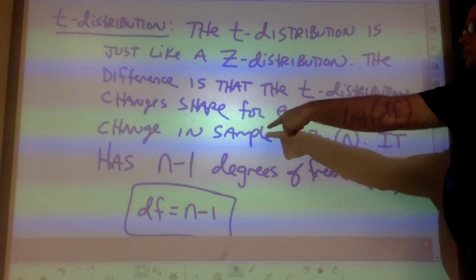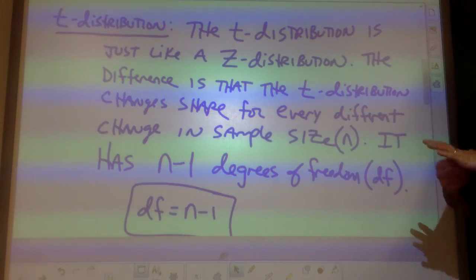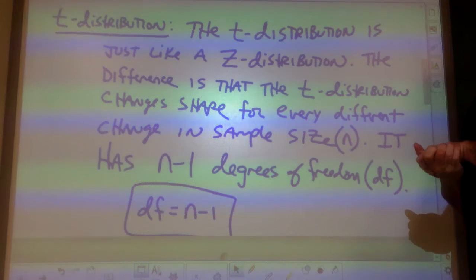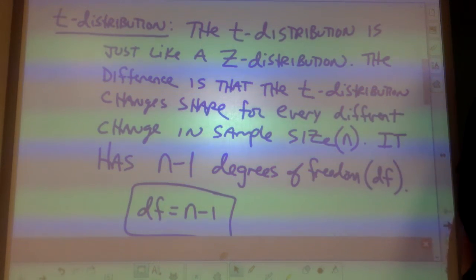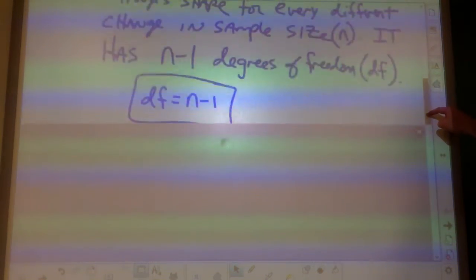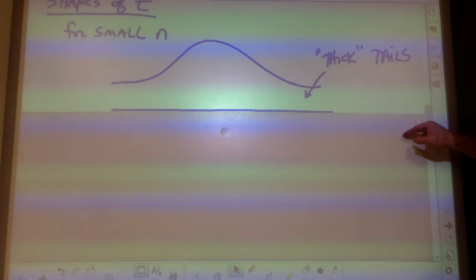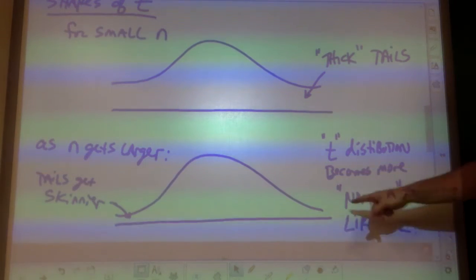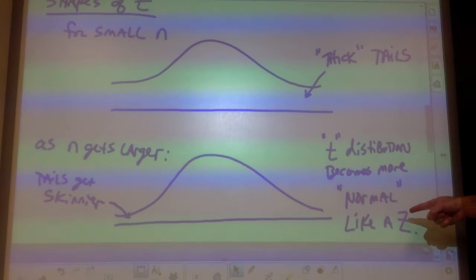But what do I mean by it changes shape? It'll actually change shape depending on the sample size. Now, there's an infinite number of sample sizes, so there would be an infinite number of charts, and so that way we don't have that, they reduce it all down to one chart that you've already seen and that we will use. But it's important to know that when n is small, you have very thick tails, and when n is larger, your tails get skinnier, and it becomes more normal, looking like a z-curve.